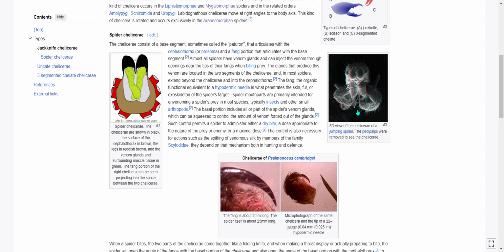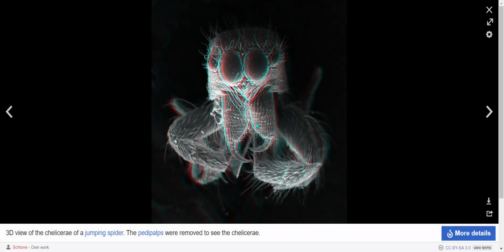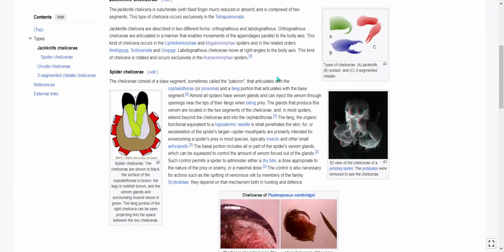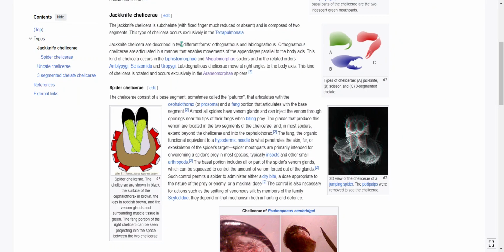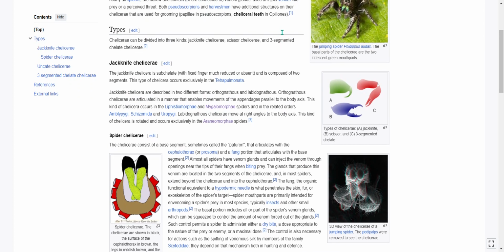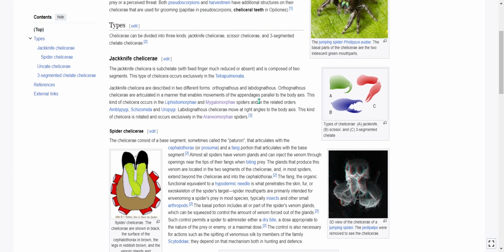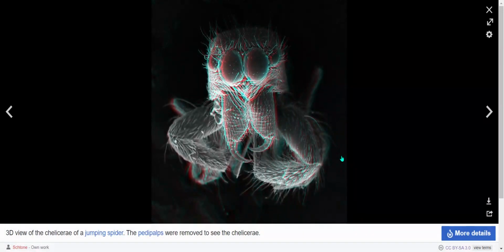In this 3D view of a jumping spider, the pedipalps were removed to see the chelicerae, which we see right here. And it looks like these are the, I forget the word, orthognathous, no, these are the labidognathous.